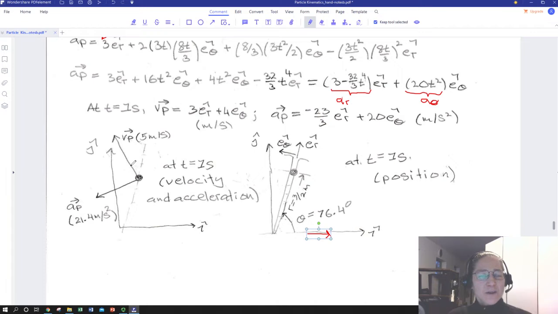Our velocity vector is pointed off in this direction, and our acceleration is pointing kind of down and more back towards the center at that particular instant in time.